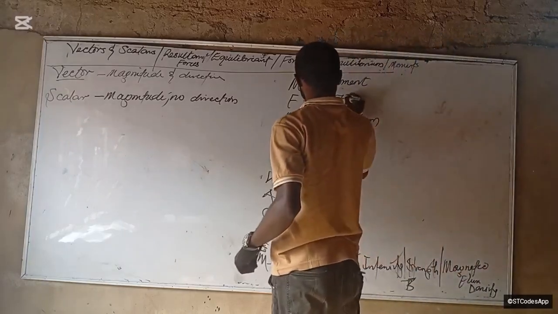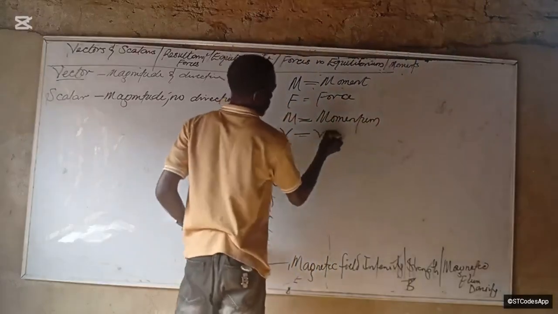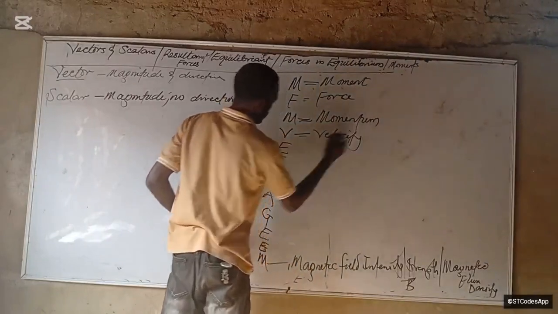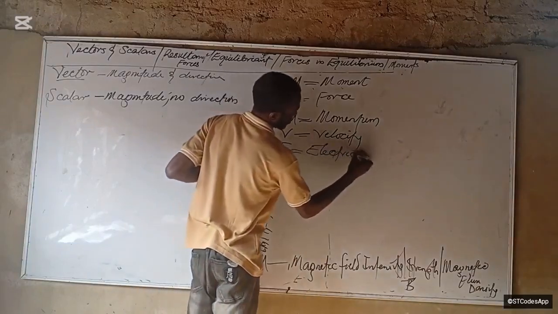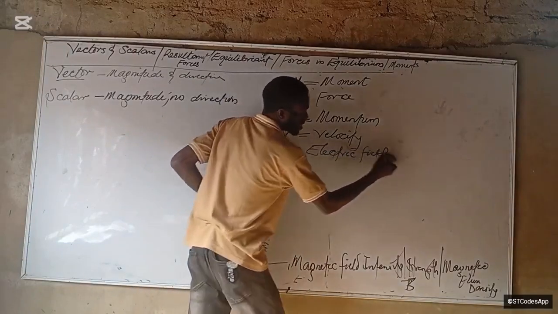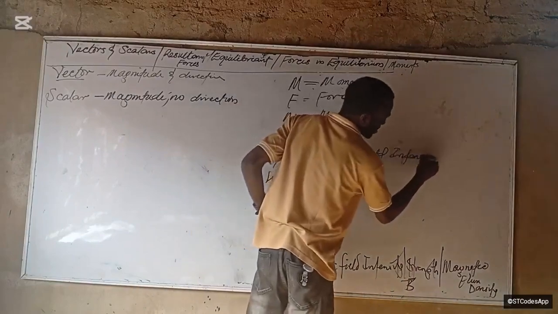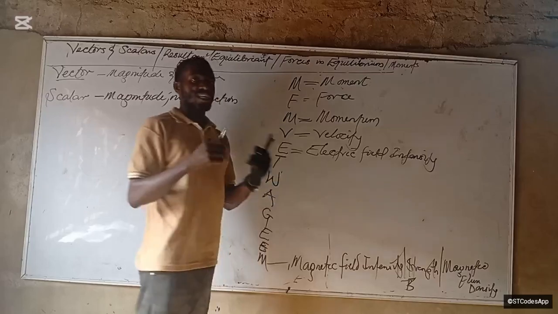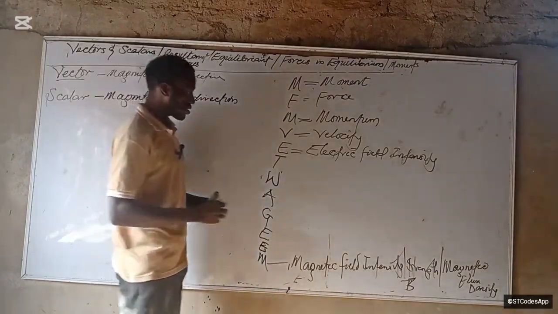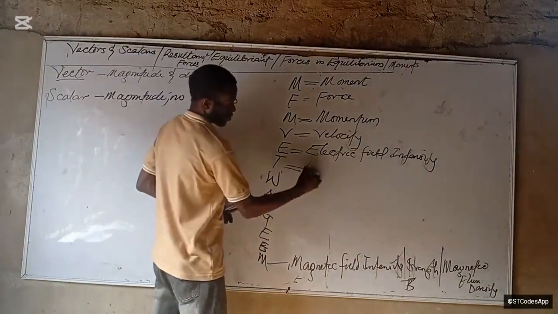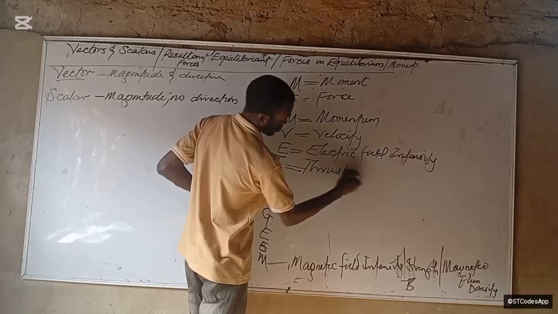Then F is force. V is velocity. E is electric field intensity. So electric potential will be scalar, and electric potential energy will be scalar. T here will be thrust.